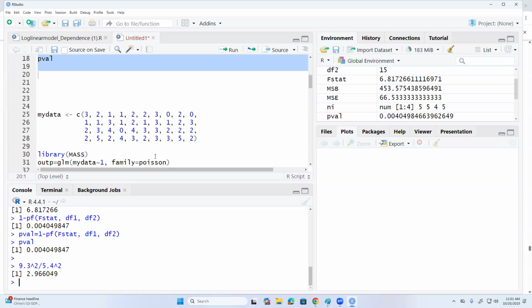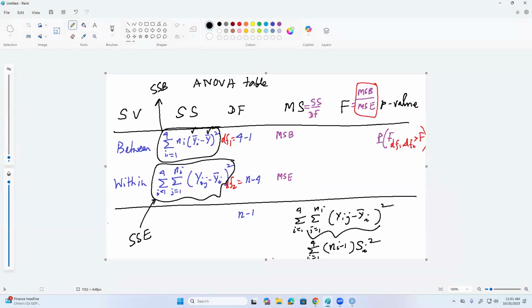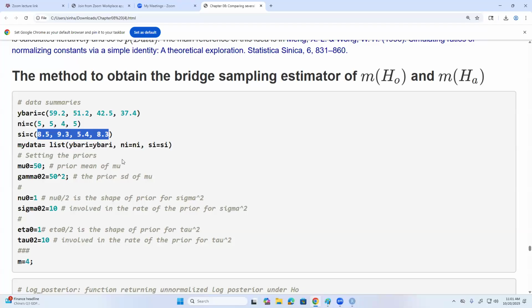But there may be scenarios where this assumption is violated. One other thing is that you really don't get to see sigma 1 squared, sigma 2 squared, sigma 3 squared, sigma 4 squared, right? In your data, what you have is these guys, 8.5, 9.3.